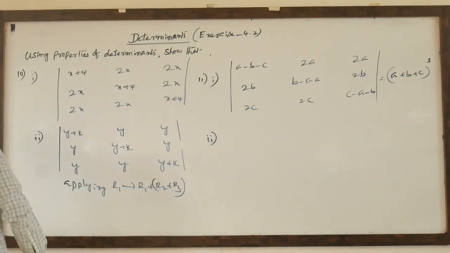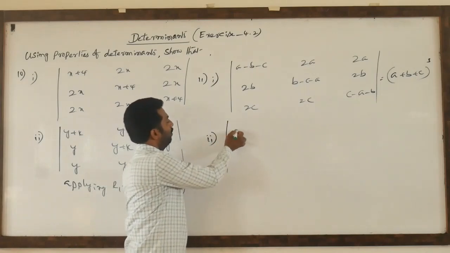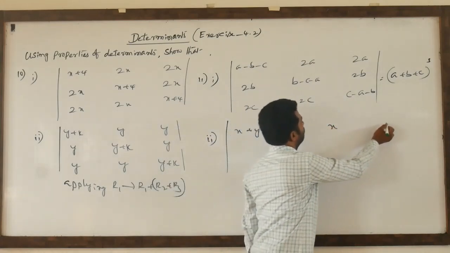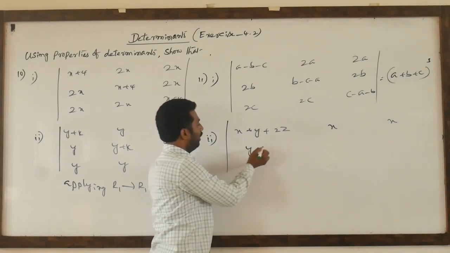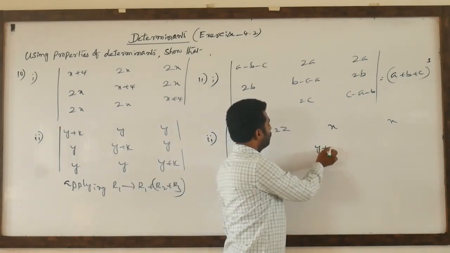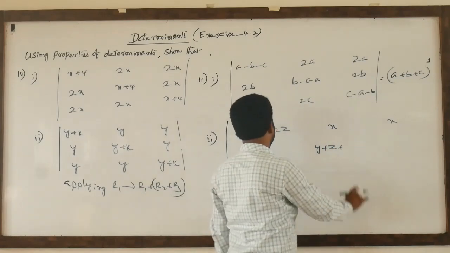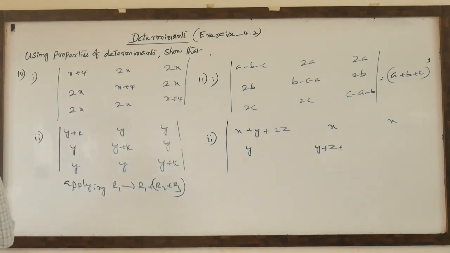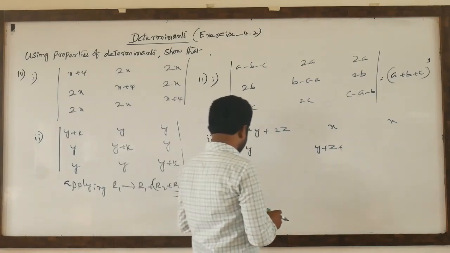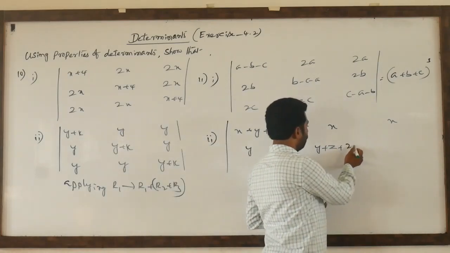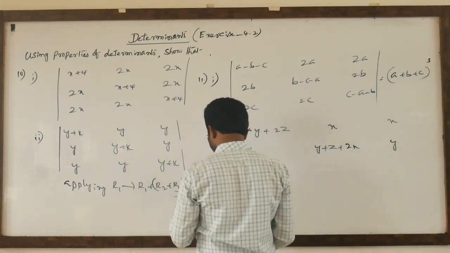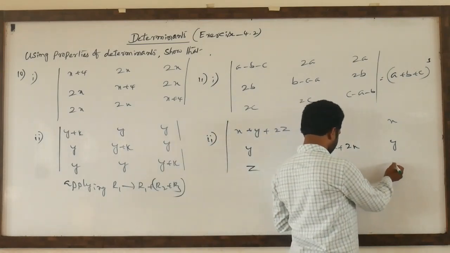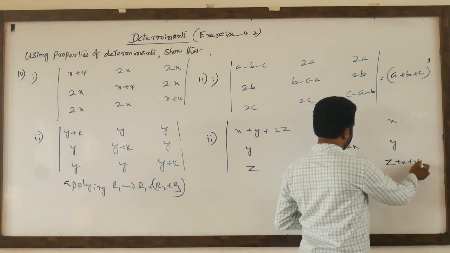Then the second one: the determinant of x plus y plus 2z, this is x, this is y; y plus z plus 2x, this is again y; then z plus x plus x, z plus x plus 2y.